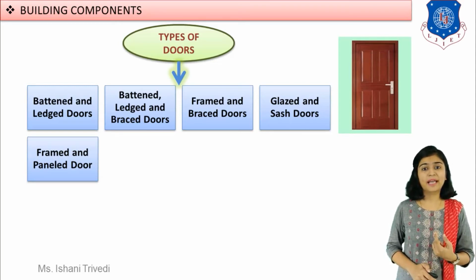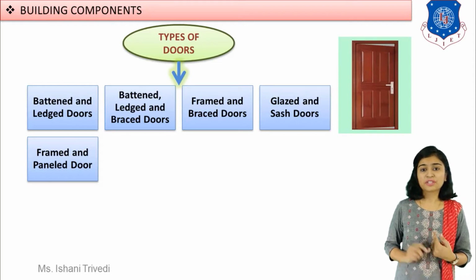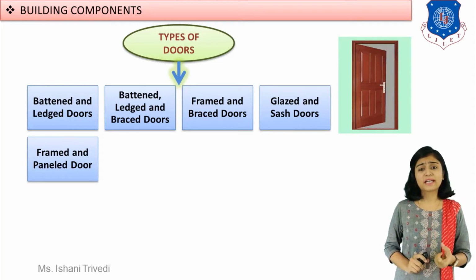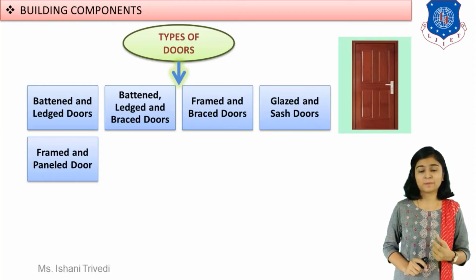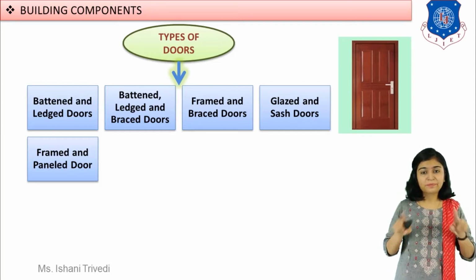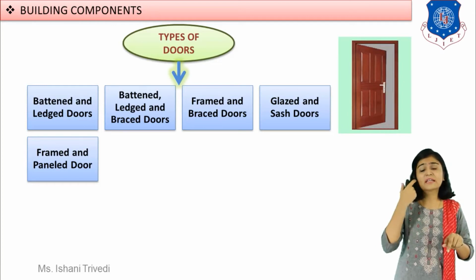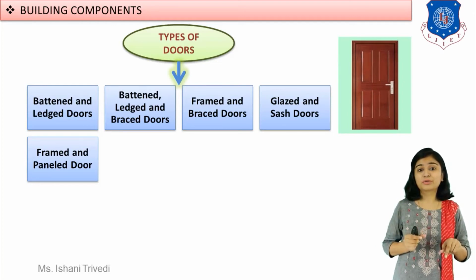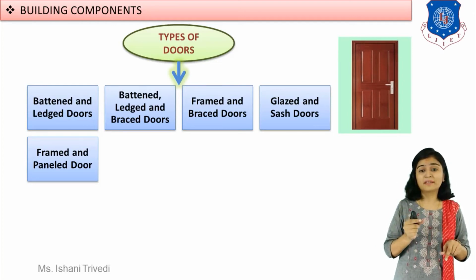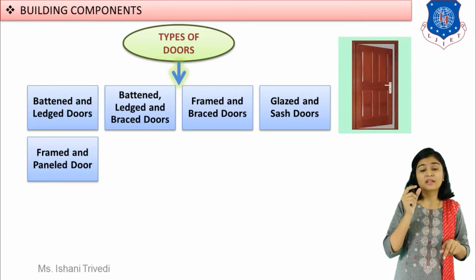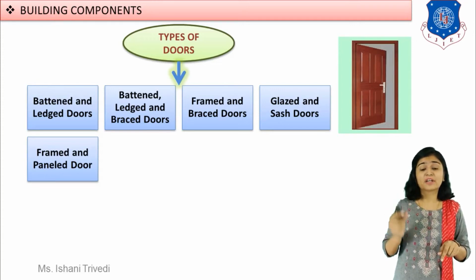Next is framed and panel door. The door which is flashing over here is also an example of a framed and panel door. It means it will have a frame, and the door will have panels. What are the panels? I have shown you in the components of the door. You have seen the panels, correct? Do you remember? I had explained lots of technical terms in that.